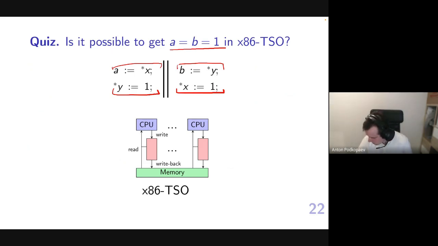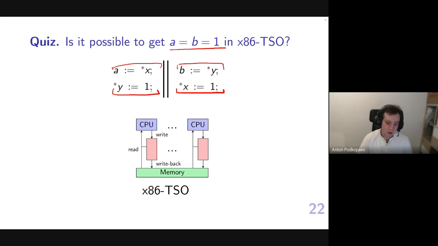There is a statement about acquire and release semantics. Yeah, it's there. However, I'm just calling memory models which are weaker than sequential consistency weak ones. Okay. Any other question or answer to this problem already?